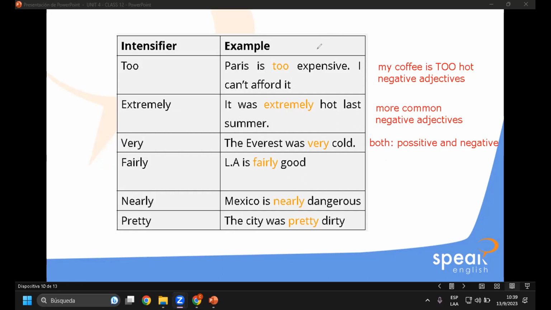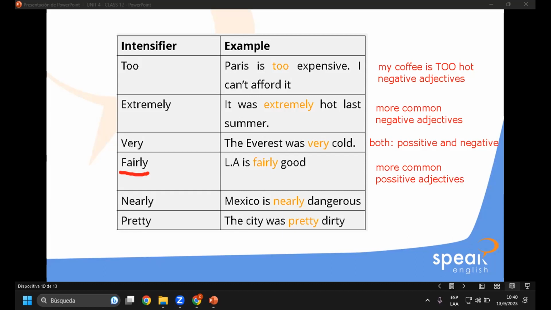We can use it for negative or positive adjectives. However, when we use fairly, it's more common to use it with the positive adjectives. If you want to translate fairly, the translation will be like bastante. So I can say, you know what, guys? My city is fairly quiet. My city is fairly neat.